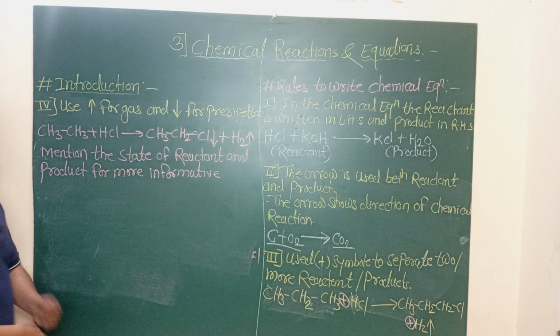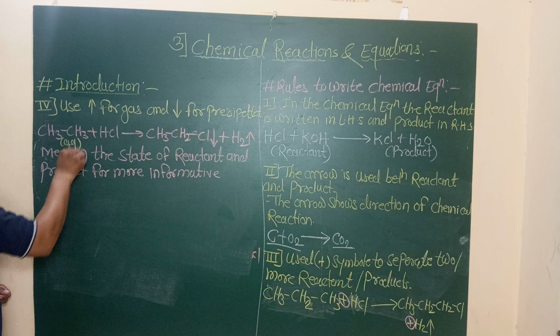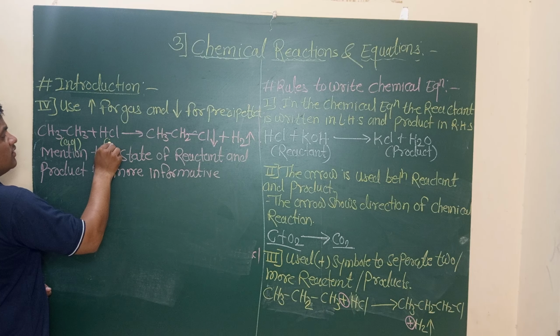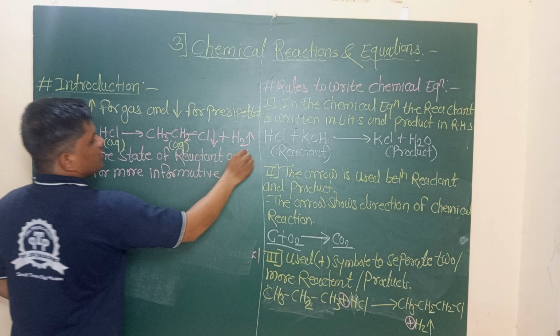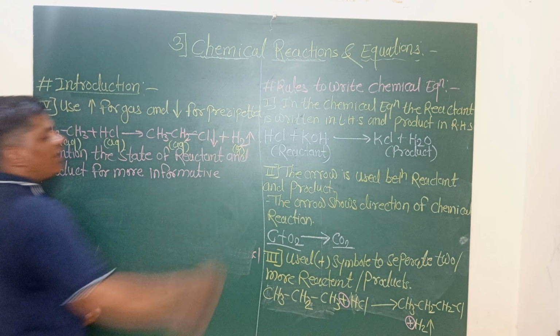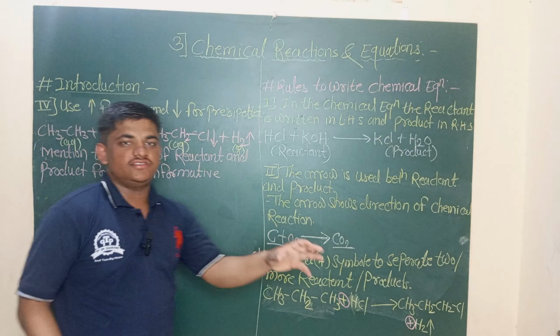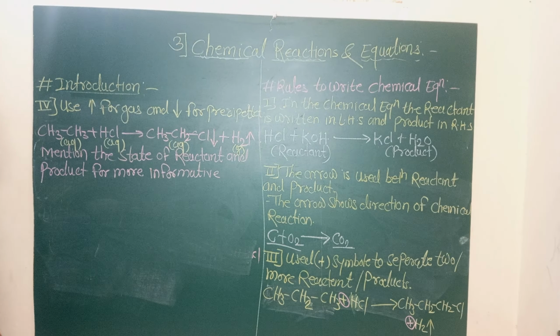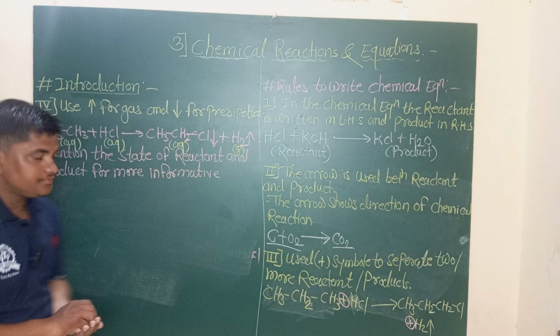To get a more informative chemical equation, the states must be mentioned. For example, this is in an aqueous solution, and this is again an aqueous solution, and the hydrogen is a gas. We must mention the states of the chemical compounds included in the chemical reaction. It may be reactant and product also.